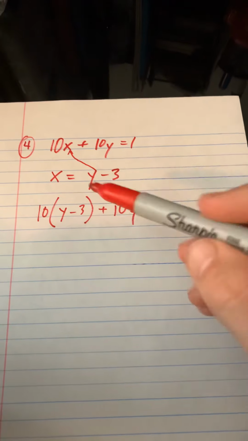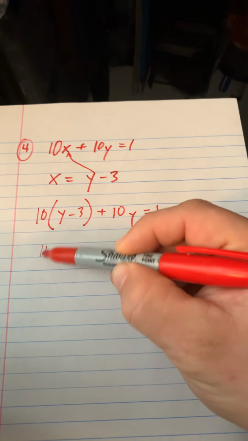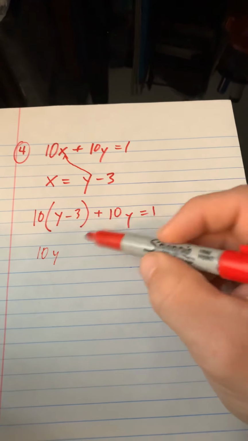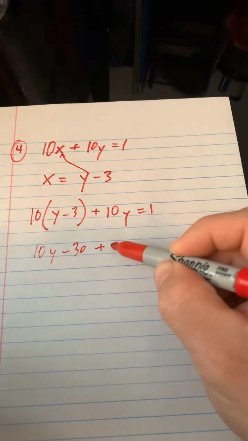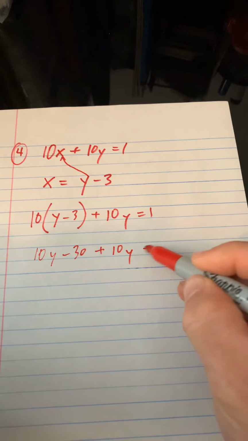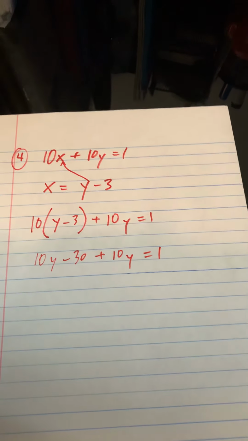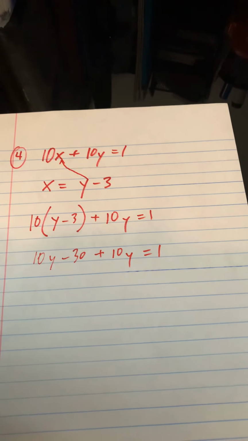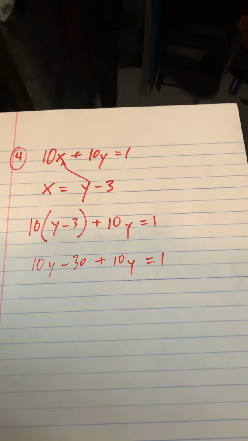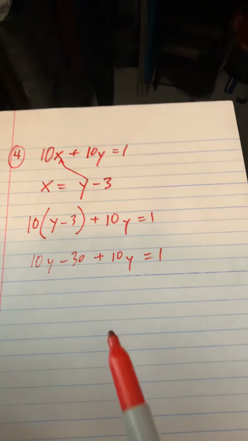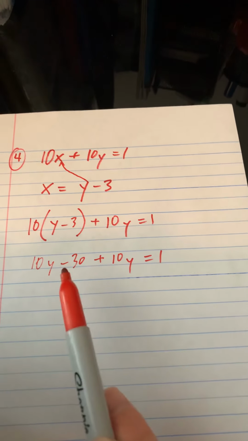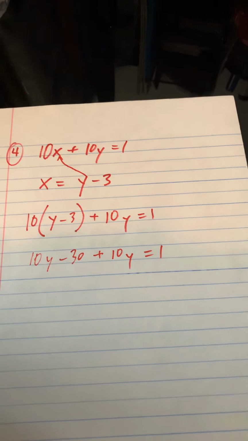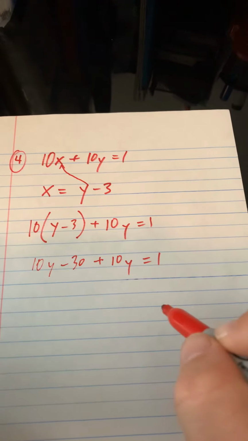Okay, now what should we do? We're going to distribute, right? So it's going to be 10y minus 30 plus 10y equals 1. Now, remember, we're down to just one variable left, which means we can solve for y, right?